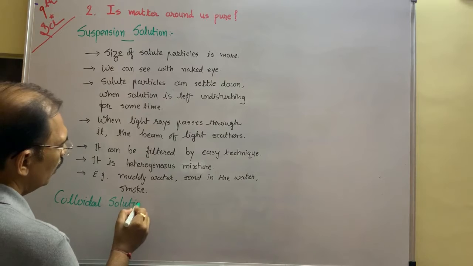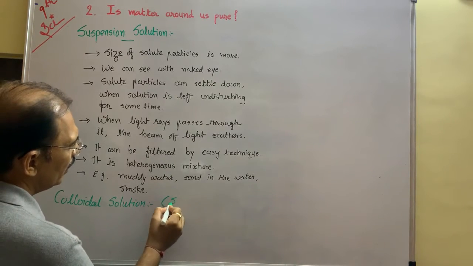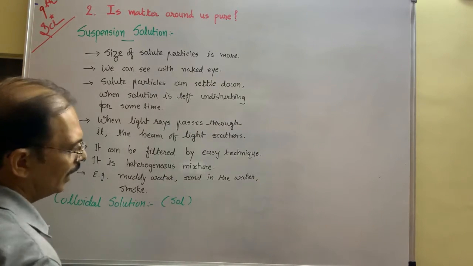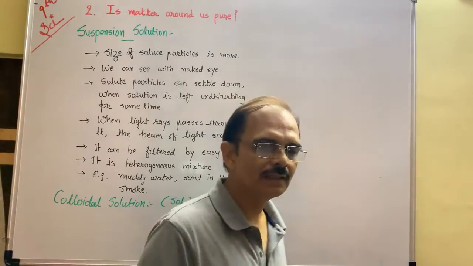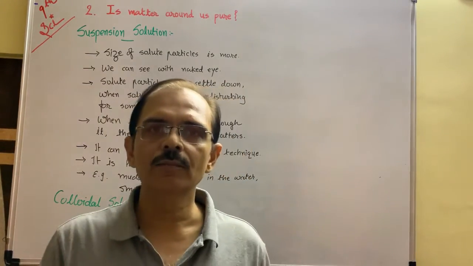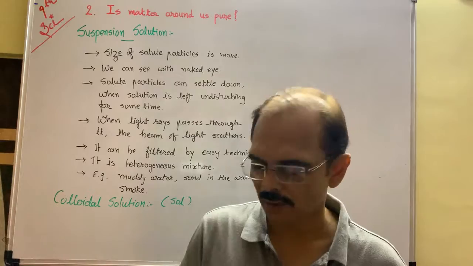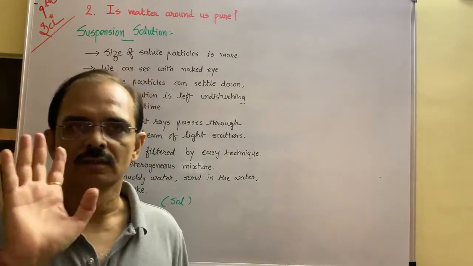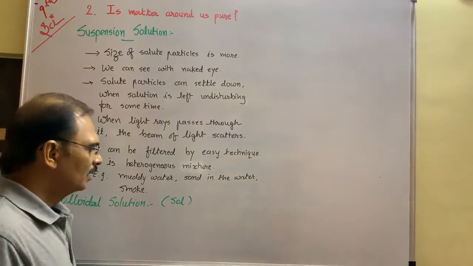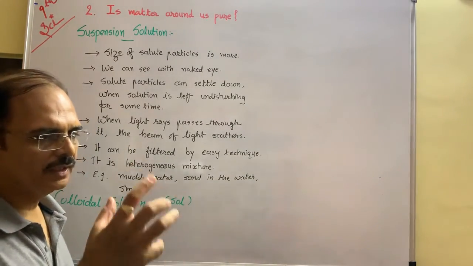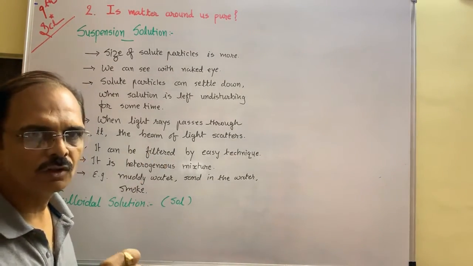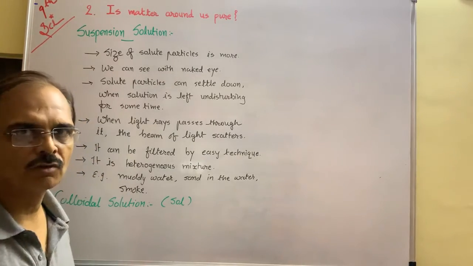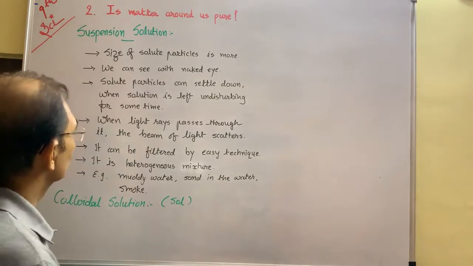Colloidal solution, in common language it is also known as sol. S-O-L, sol. Sol is not the acronym or short form of solution. Remember this thing. Sol means colloidal solution. Now you have seen the original solution, that is called true solution, means homogeneous solution or homogeneous mixture.